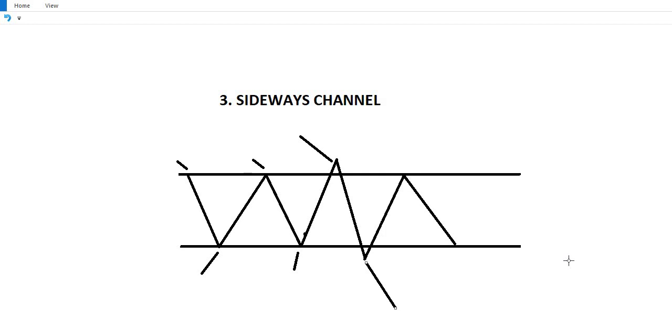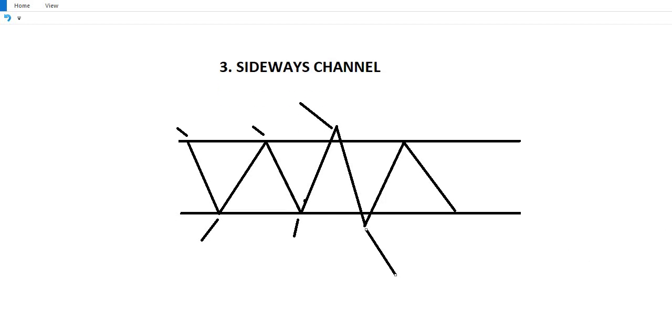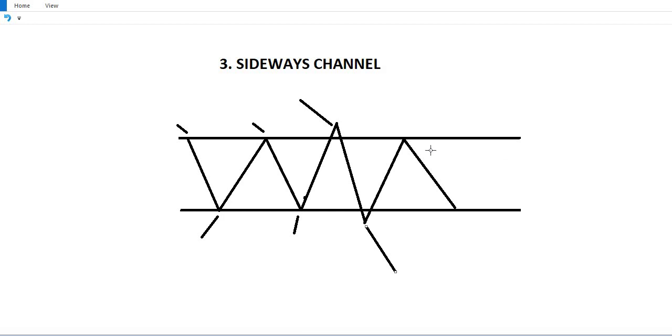So guys, how do we know the market is breaking this channel to the upside or to the downside? If our bias is for the market to break the channel to the downside, we will make sure that the market forms a powerful candlestick at this part.